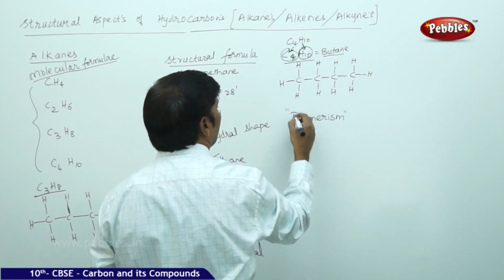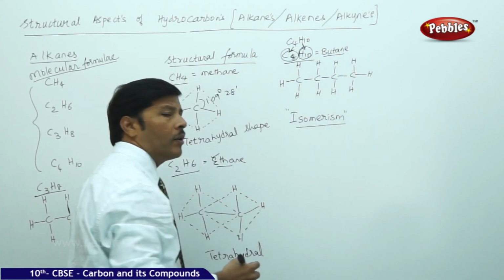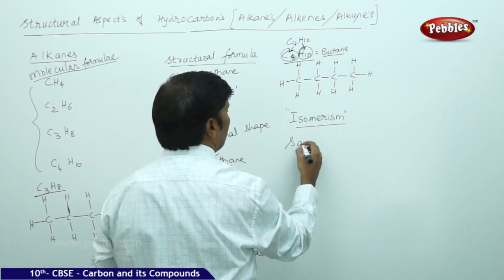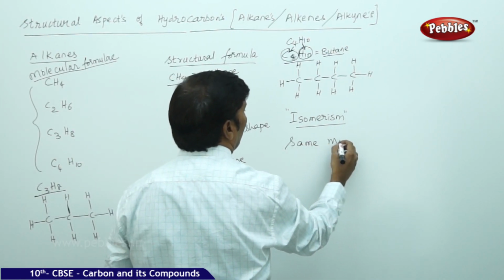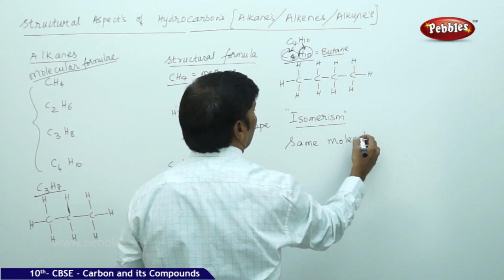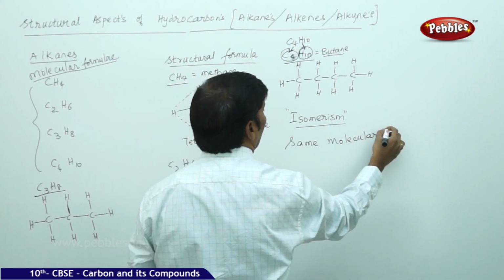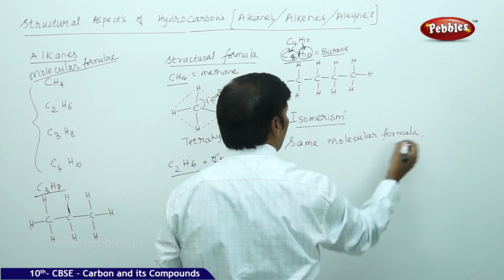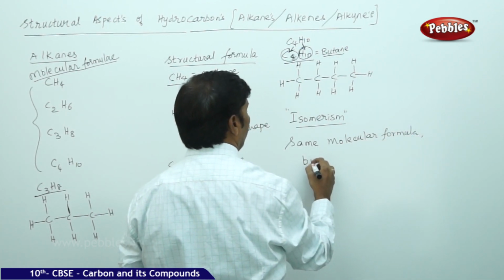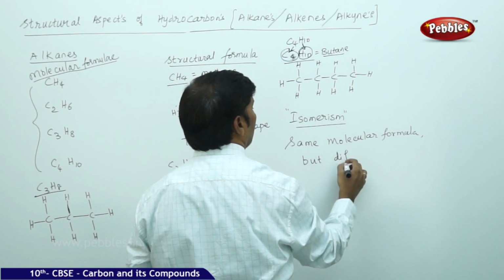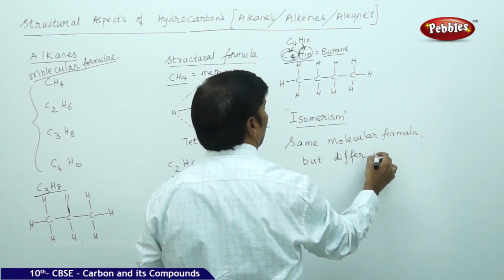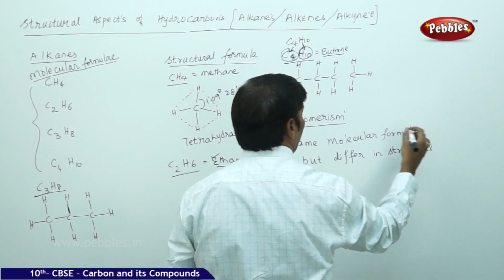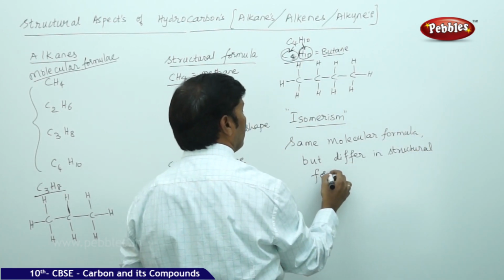Isomerism. What is isomerism? Isomerism of a hydrocarbon is the property in which compounds have the same molecular formula but differ in structural formulae.